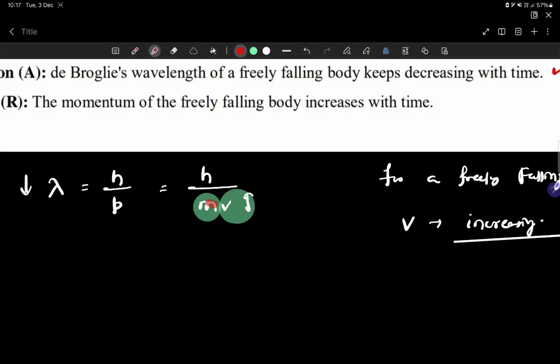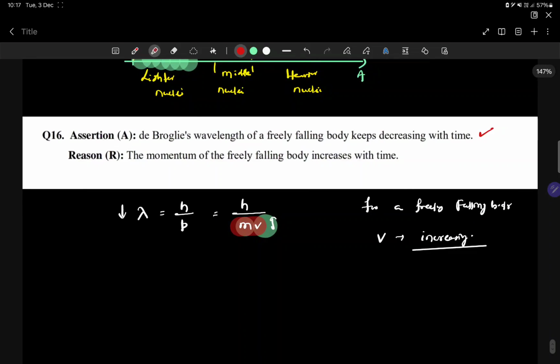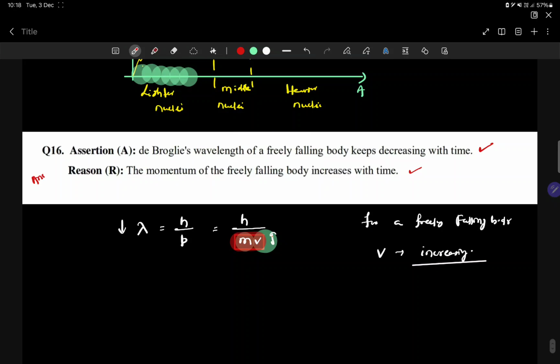As a result, the product m into v, the linear momentum, increases with time, so the reason is also correct. As linear momentum increases, lambda decreases with time. So both A and R are true, and R is the correct explanation of A. So option A is our correct answer.